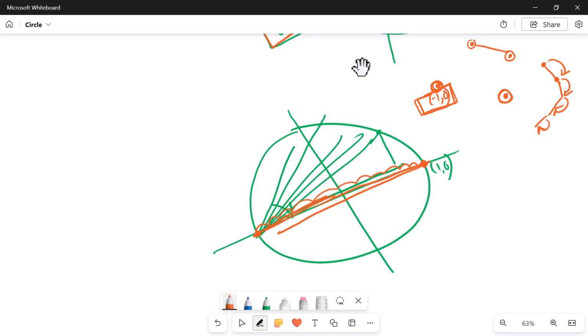Because for other lines that are not horizontal, you will definitely get the intersection point before hitting this point 1, 0. But for this horizontal line, you'll have to move from this particular end to this particular end. This will only happen when you hit this horizontal line. Otherwise, all of the lines will get their second intersection before hitting this 1, 0 part.